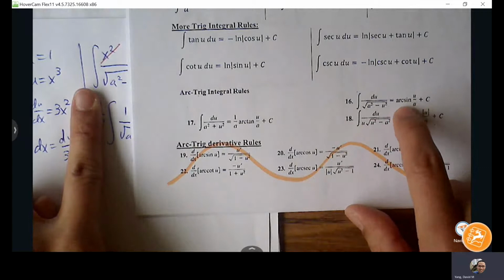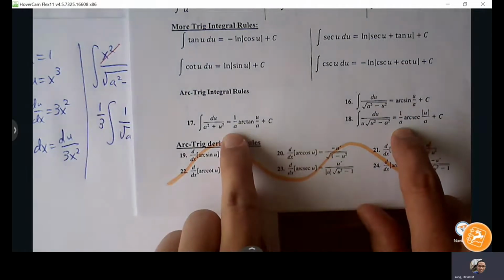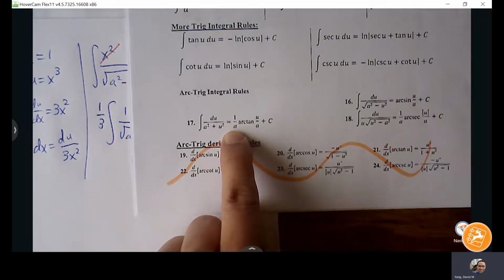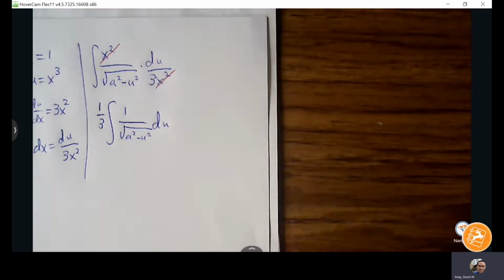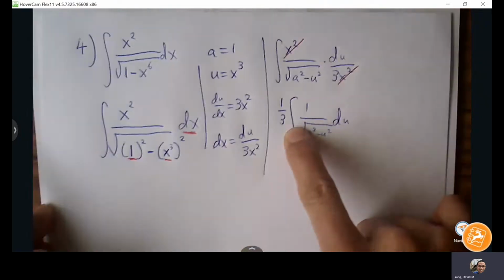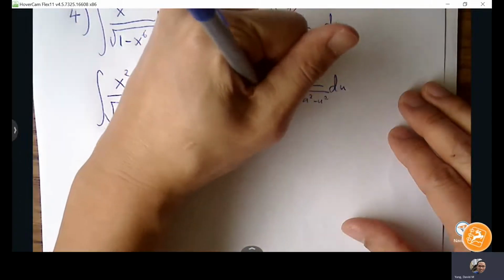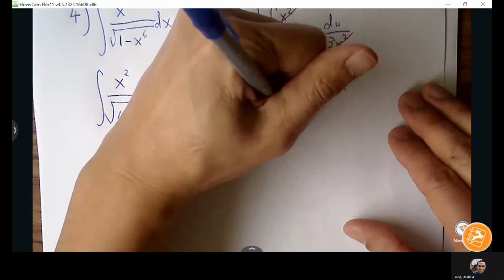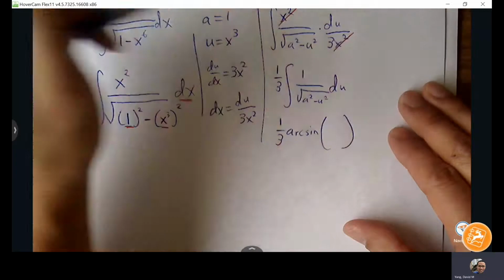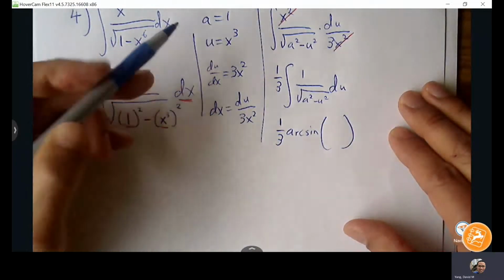Arc sine is the only rule that doesn't have a 1/a in front. There's one for arctangent, there's one for arcsecant, but arc sine just jumps directly into it. There's no 1/a. But there is that 1/3, so that 1/3 is not part of the formula, but it is a coefficient, so it needs to stay in our answer. Okay, the rule says u/a, so x cubed over 1.